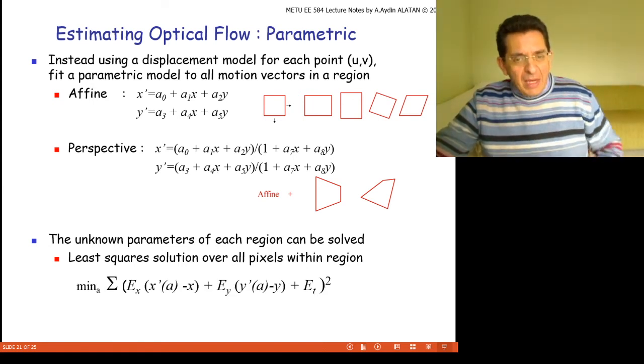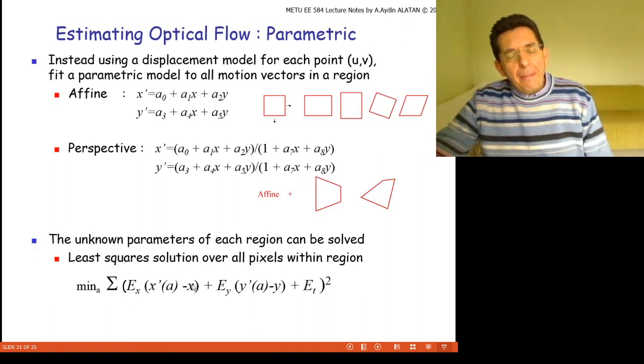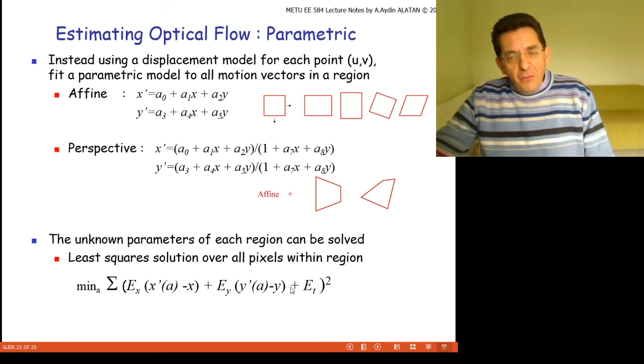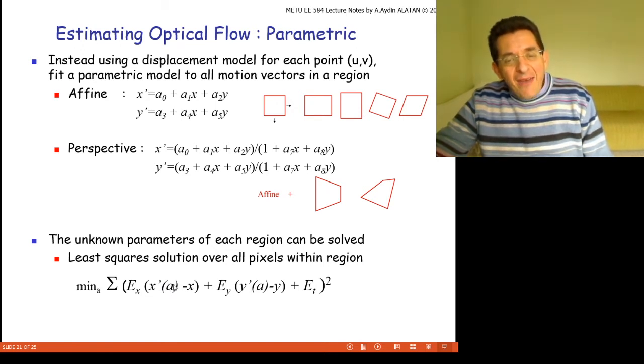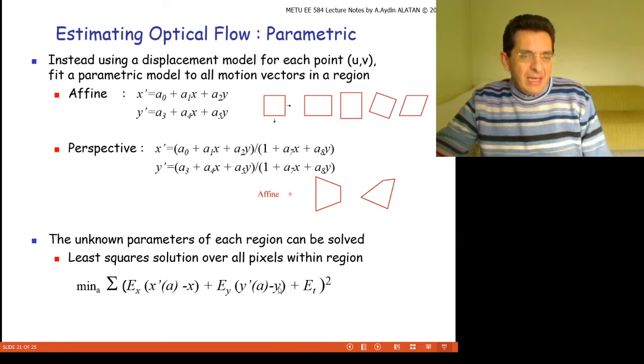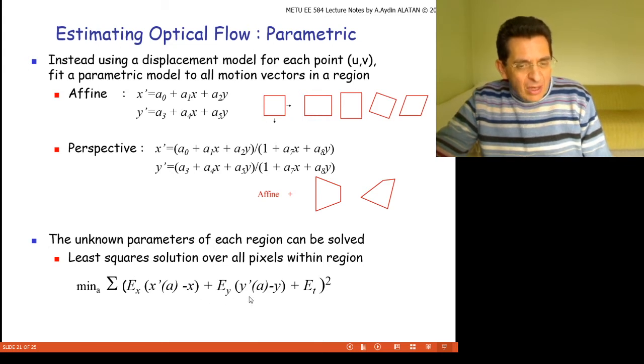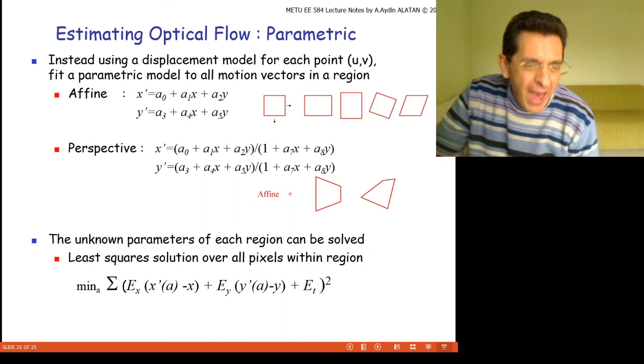Another technique could be writing the optical flow constraint equation here, which ideally is equal to 0. You are just writing every x prime, y prime in terms of this parametric form. Therefore, given the points x and these differences, you can write this equation only as a function of a.